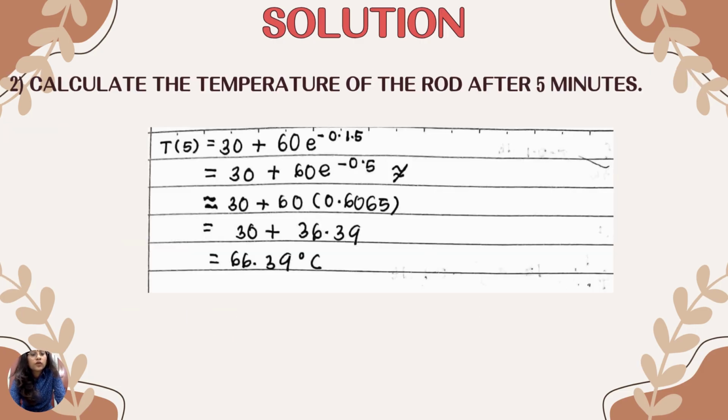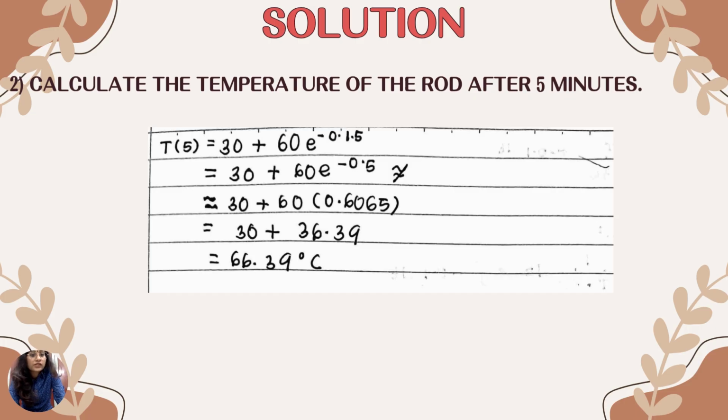Okay, next we will go to the second question, which is to calculate the temperature of the rod after 5 minutes. So t will be 5 minutes, and we have to find the temperature. So 30 plus 60e to the power of negative 0.1 times 5. Negative 0.1 times 5 gives negative 0.5.